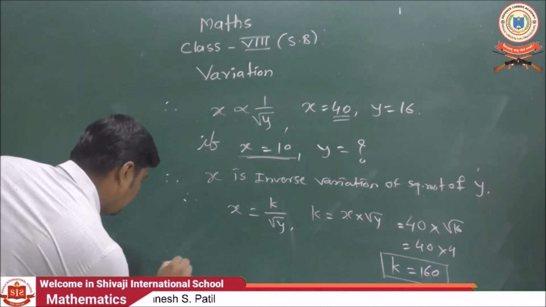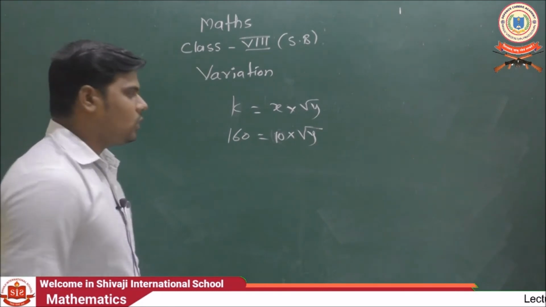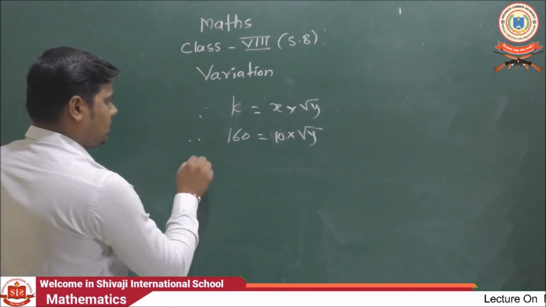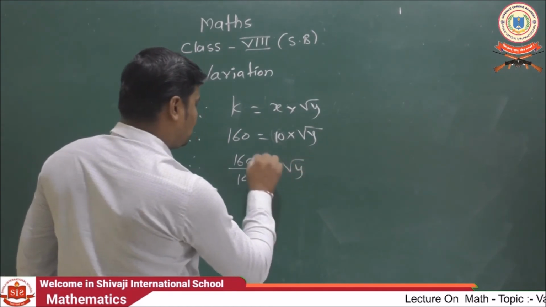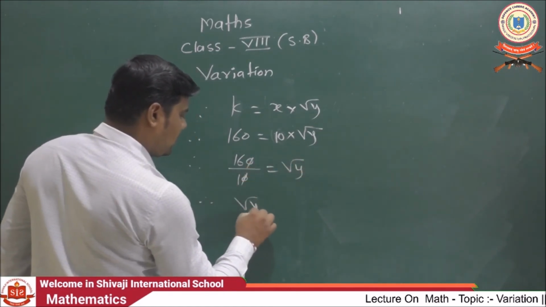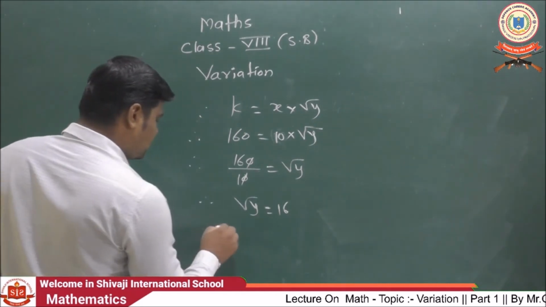Then if x is equal to 10, what is the value of y? See, 160 is equal to 10 into under root of y. 160 upon 10 is equal to under root of y. Then under root of y is equal to 16. That means squaring on both sides.